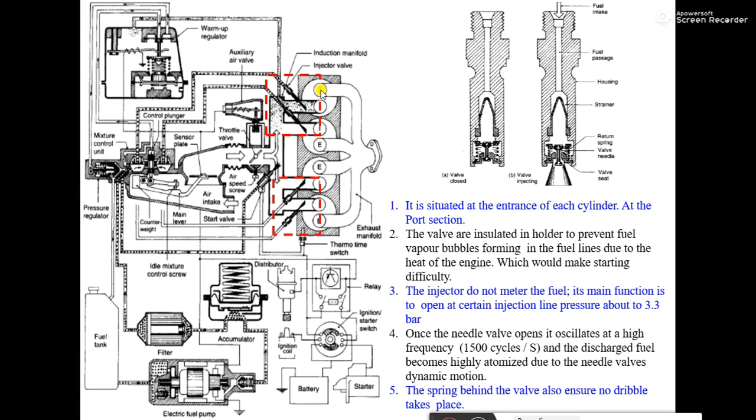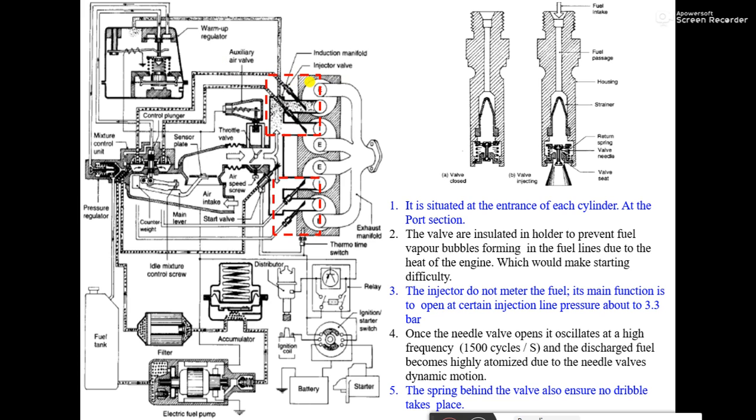Here a four cylinder engine is present. This is the first cylinder, second, third, and the fourth. Each injector is located at the inlet manifold of its respective cylinder. So the service injectors, or injector valves, are equal in number to the number of cylinders.